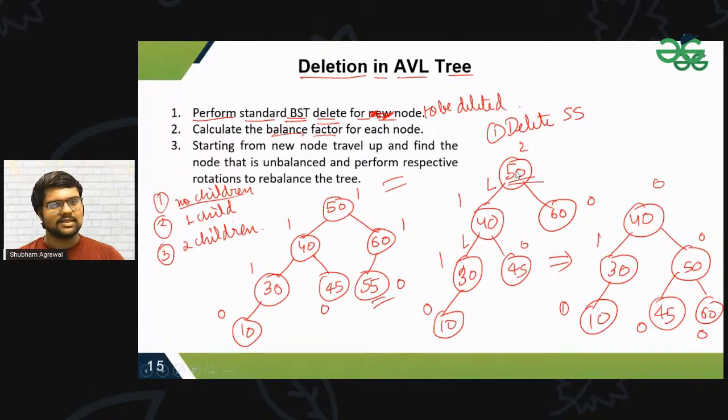Here it is positive and it is 2, so we know that the imbalance is caused from the left side, because the height of the left subtree is more than the right. Since it was positive, we performed LL rotation here.